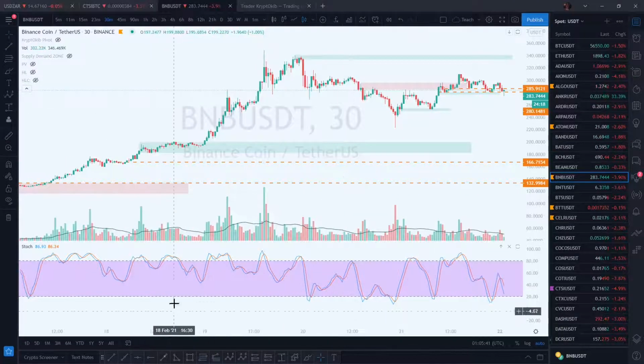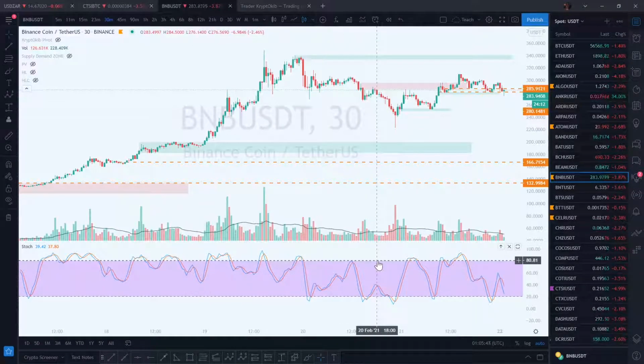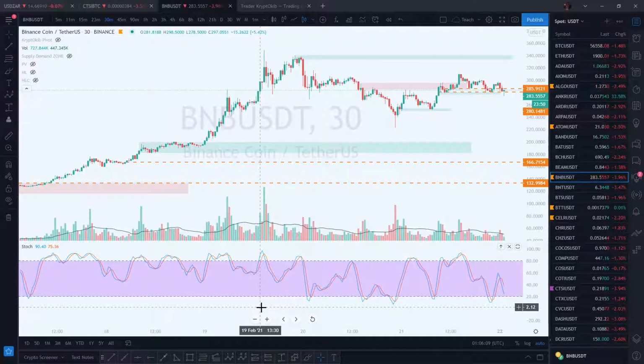As you can see here, we have like the MACD and the RSI combined, because we have the overbought region, which is from the 80 mark to 100, and then the oversold from 20 to 0. So once the stochastic lines are in the overbought region, you want to start looking for sells, and when the stochastic lines are below the 20, which is the oversold region, you want to start looking for buys.